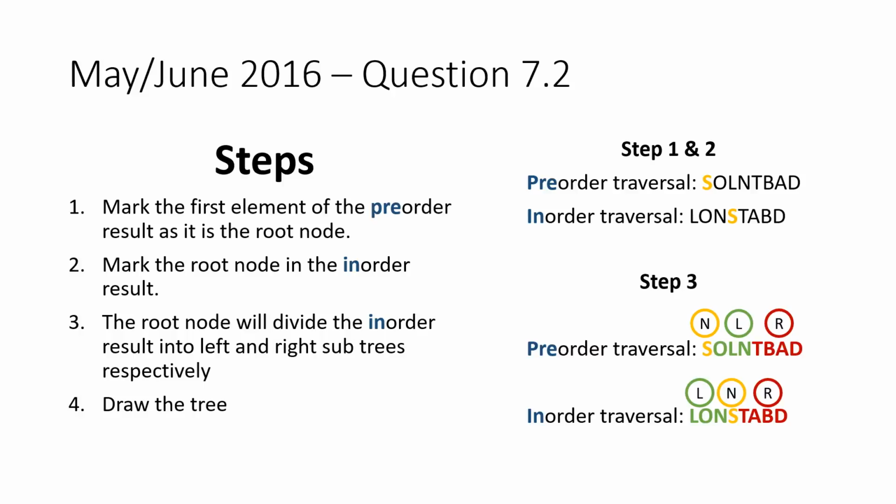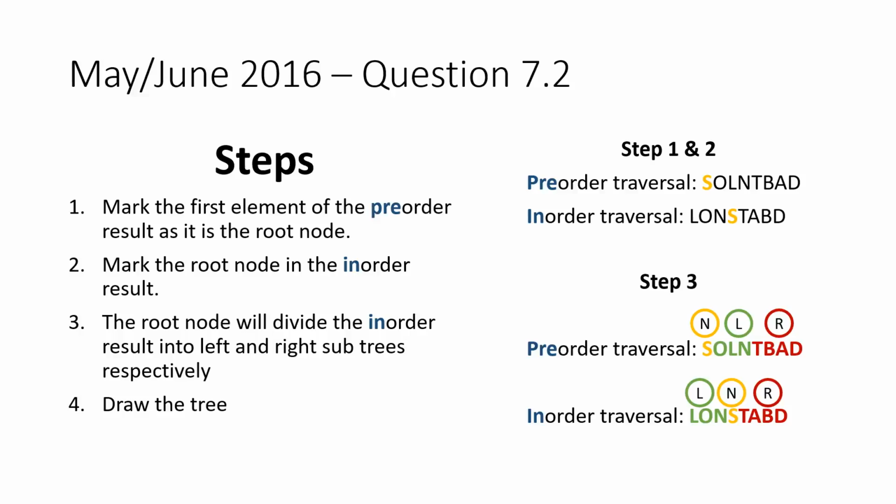It says that we're given a pre-order traversal set of strings, and we're given an in-order traversal set of strings, and we now need to draw the tree. So the first step is to mark the first element of the pre-order result as the root node. That's what's nice with pre-order. We know that the first letter means it's the root node.